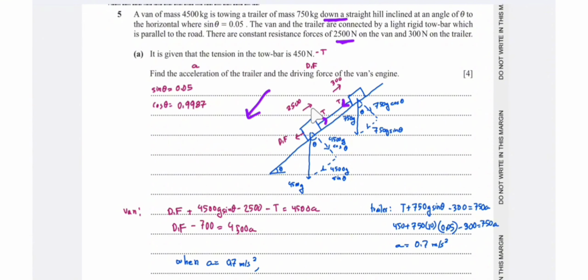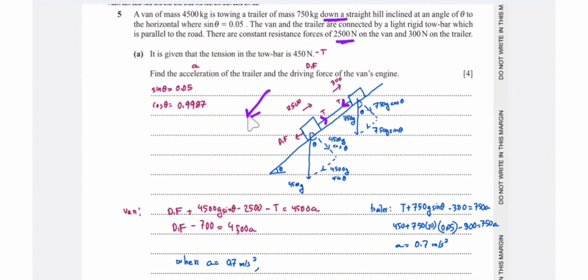If we break the weight into components, then 4500g sine theta is the opposite component, and 4500g cos theta is the adjacent. Again 750g sine theta is the opposite, and 750g cos theta is the adjacent.